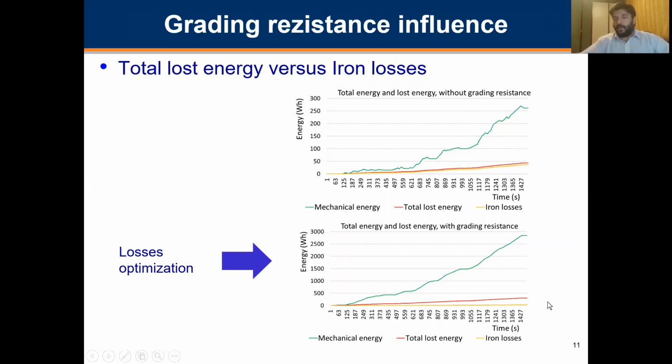They are more important in the situation with grading resistance, and for our cases this is a situation with more room for optimization, as you also saw from the simulation results.